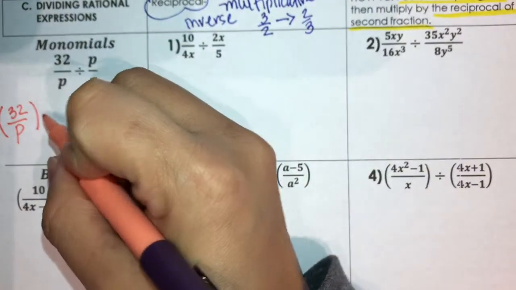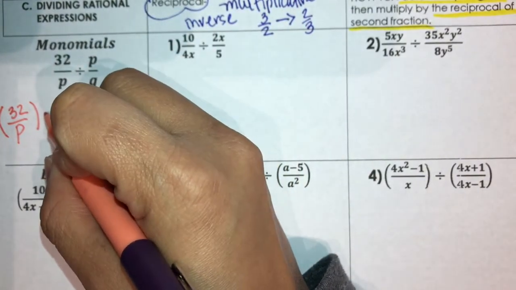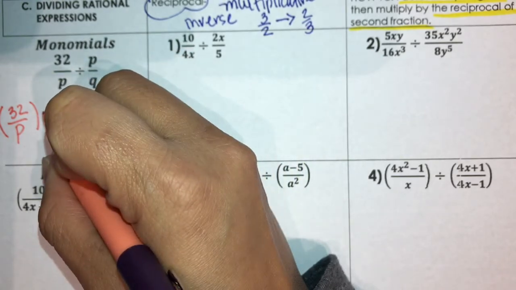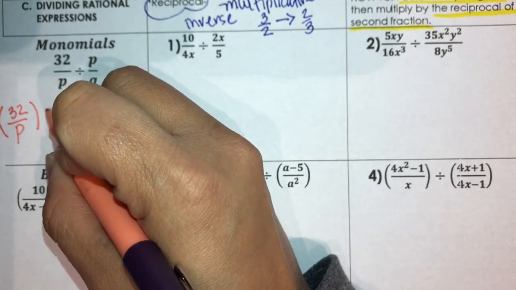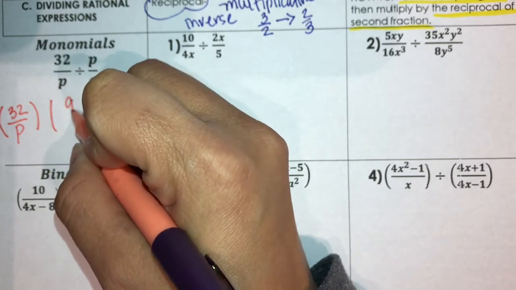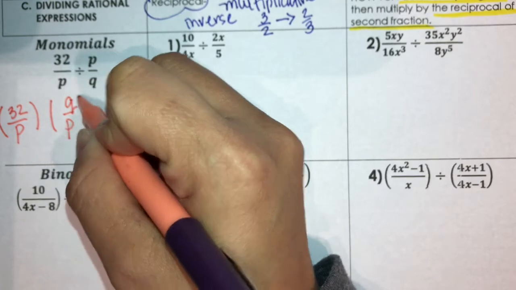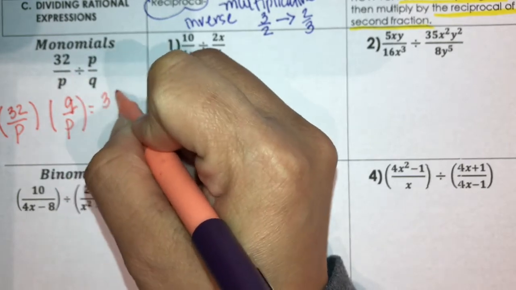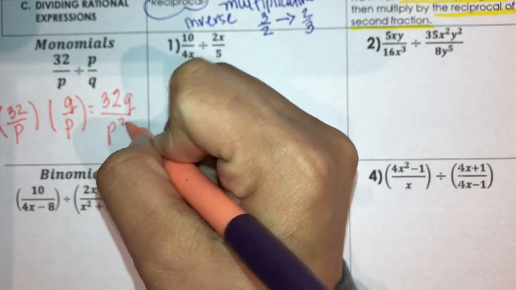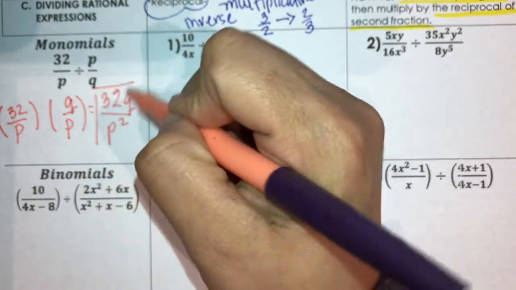You see if you can simplify that. It's divided by p divided by q. So instead we make the reciprocal and multiply, so it becomes q times p. Then we say 32q divided by p squared, and there's nothing else to simplify.